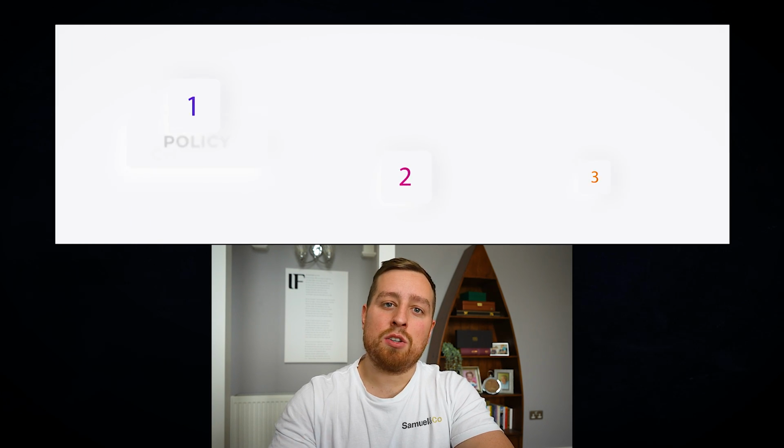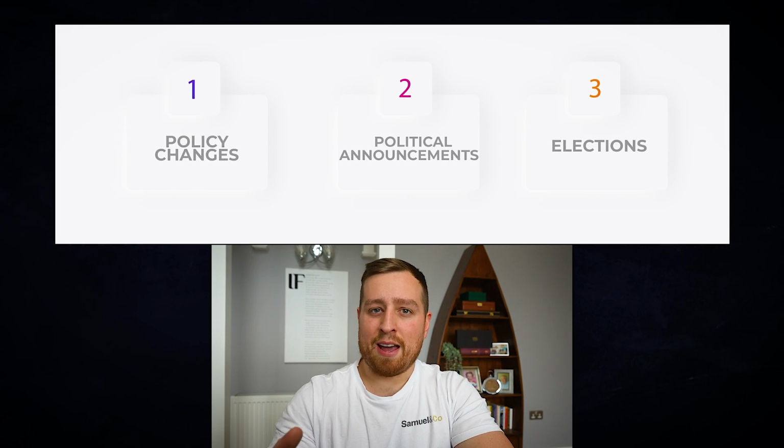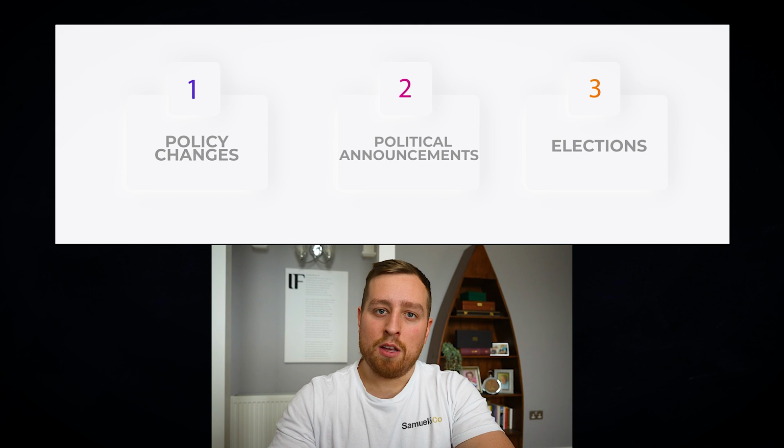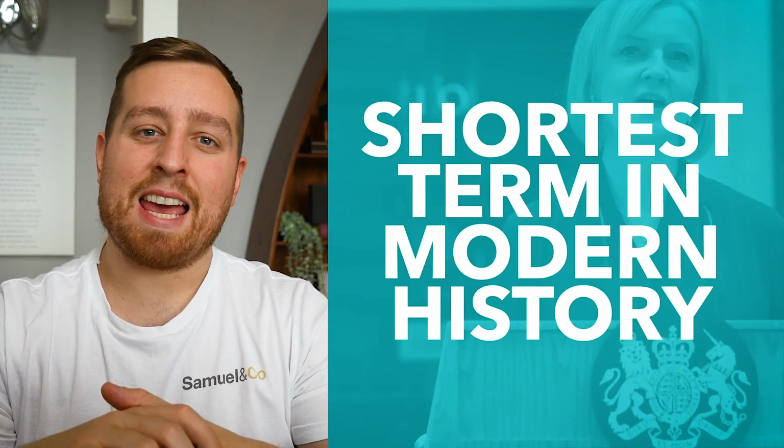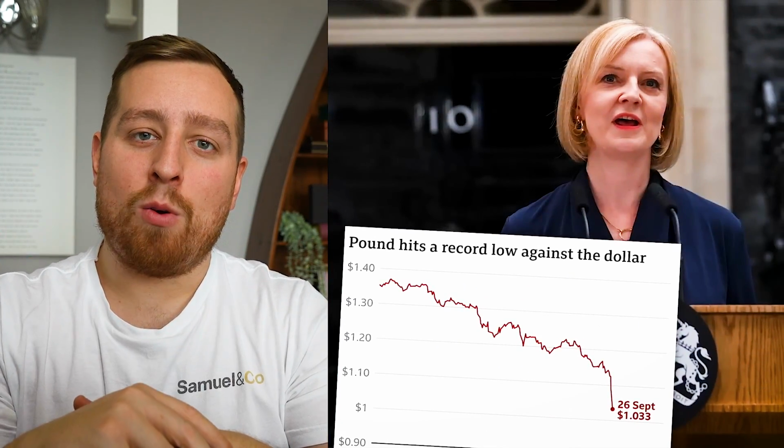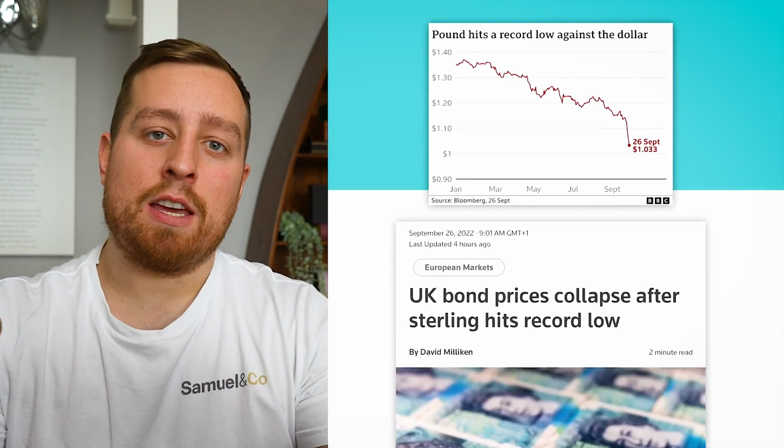And then following on from this, most importantly, you've got the impact of news events. News events such as policy changes and political announcements, elections. These are all things that can affect the sentiment of a currency and the currency's value. A good example of this would be when Liz Truss was Prime Minister within the UK and she tried to take her political power and influence the economy in a sense that not many people agreed with.